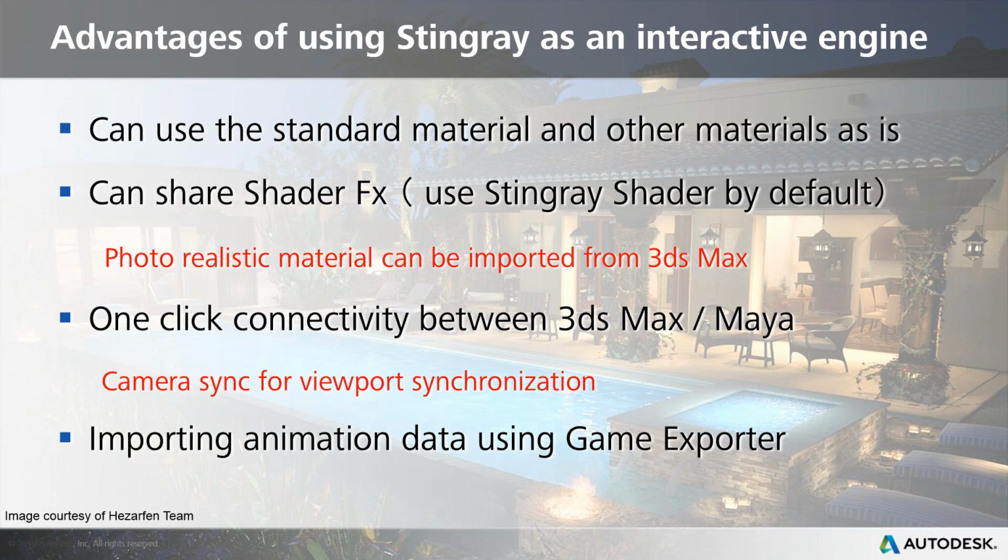And if you have to import animation, you can now use a game exporter. We've added the game exporter as a plugin both inside Max and Maya. It's as simple as clicking on the game exporter, choosing FBX, choosing materials, models, animation, and everything will get exported in one go.